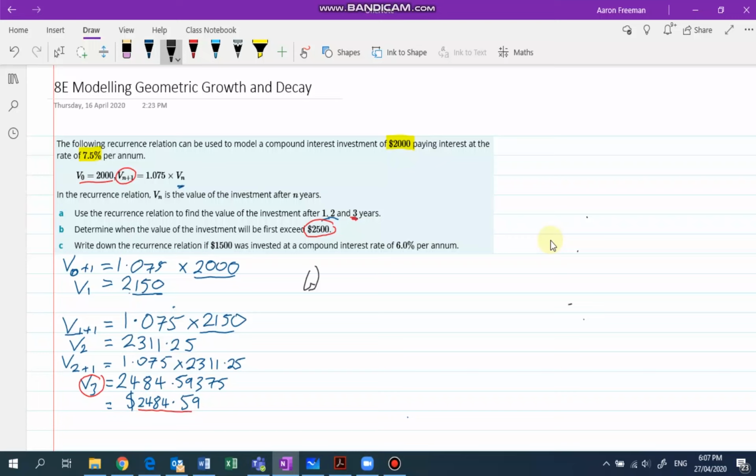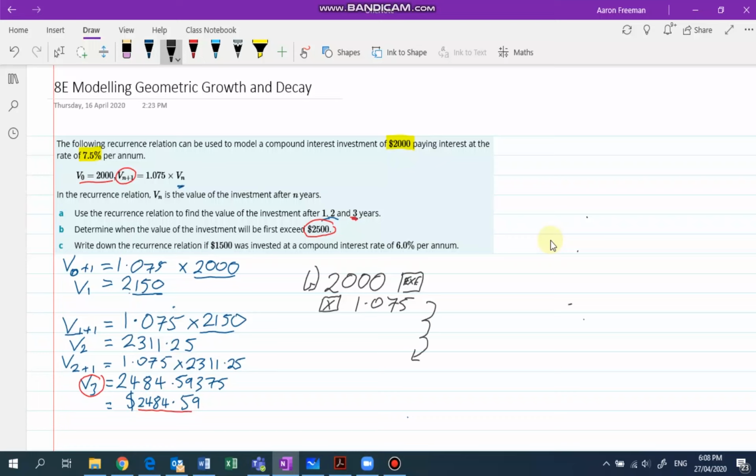The easiest way to do it is to put in $2,000, and if you've got a Casio or a Texas, you'll generally have an execute button. Hit that, then hit multiply by 1.075, and then just repeat that time and time again.